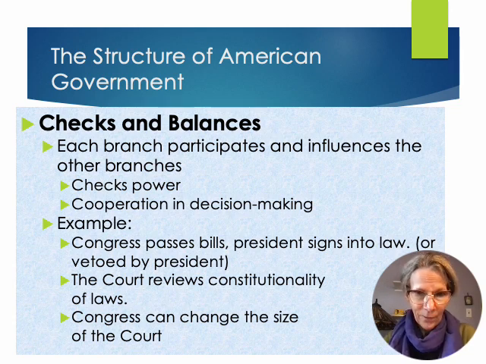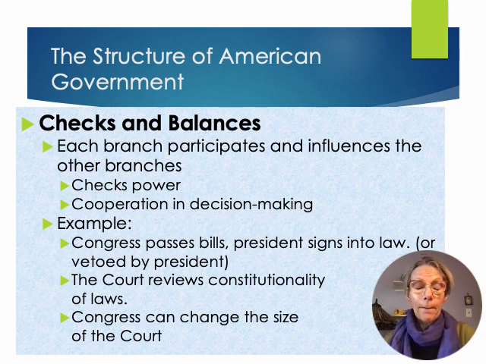Those are just a couple of examples of that cooperation that goes along in order to check power, but also to push the government towards cooperative decision making, and through that cooperative decision making, hopefully passing laws and implementing laws that best serve the most people in the United States, not just a small portion of the people.